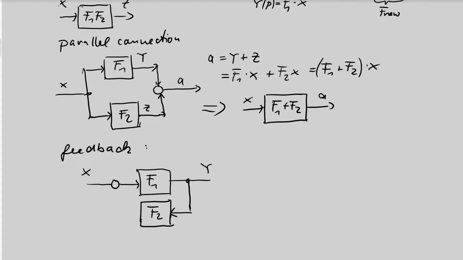This is F2, and the output of F2 is connected to the second input of the summing point.